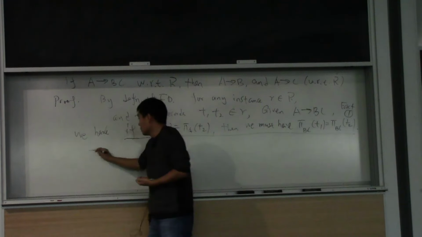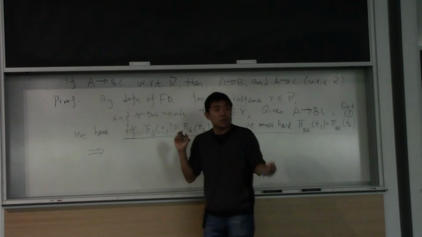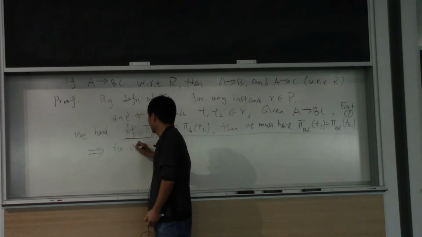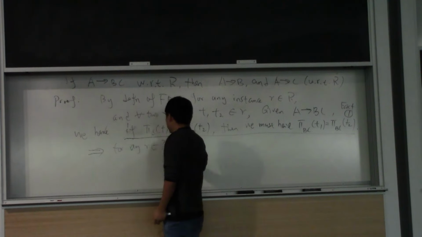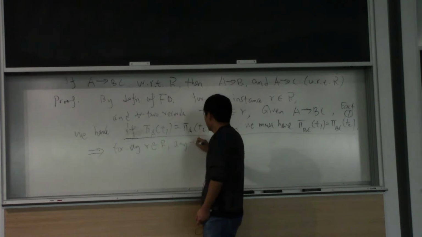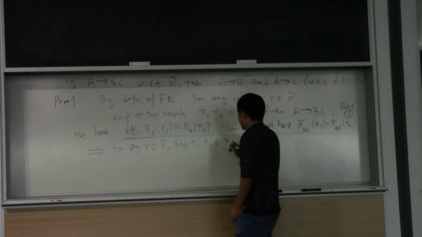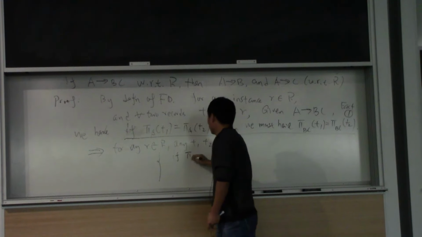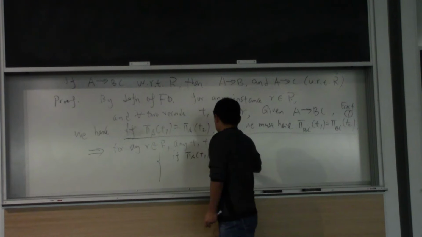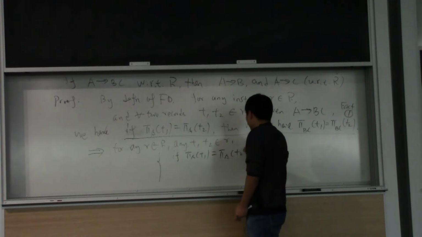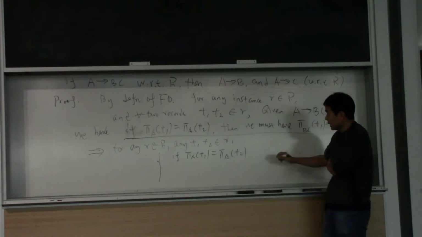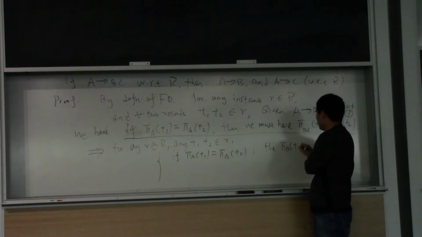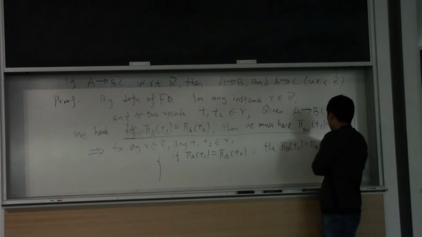That means, now is my induction. That means for any R from schema R and any T1, T2 from R, if projection on A from T1 equals projection of A of T2, then projection of B of T1 must equal projection of B of T2.